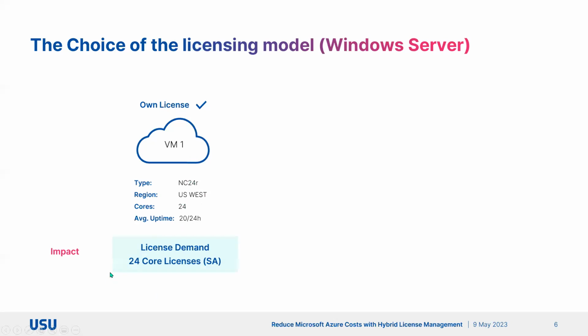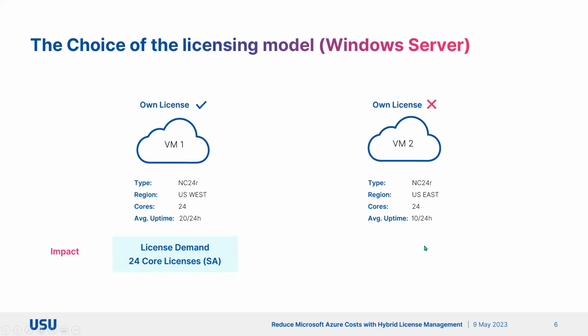The impact is, in the end, trivial. You have a license demand, so you have to grant compliance. You are even asked by Microsoft when you do this decision if you have own licenses, and you have to check that. So in this case, you need 24 core licenses. If you have a similar workload, also 24 cores, but it is only up for 10 of 24 hours per day on average, then you might not want to use an own license for that, but you say pay-per-use, please.